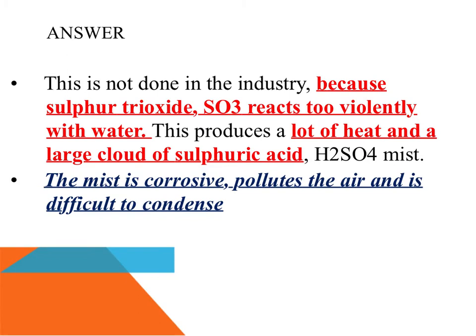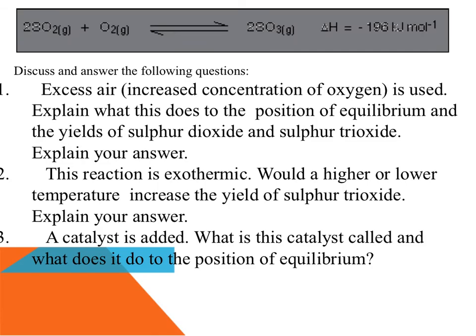It would produce a lot of heat and a large cloud of sulfuric acid, known as a H2SO4 mist. This mist is corrosive, pollutes the air, and is difficult to condense. So what we do is we mix the sulfur trioxide with sulfuric acid. That makes the oleum, and then we add the water, okay? We cannot skip that step, otherwise it would be really explosive and we would create this sulfuric acid mist. Okay.